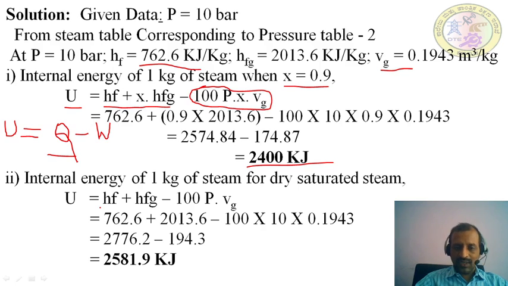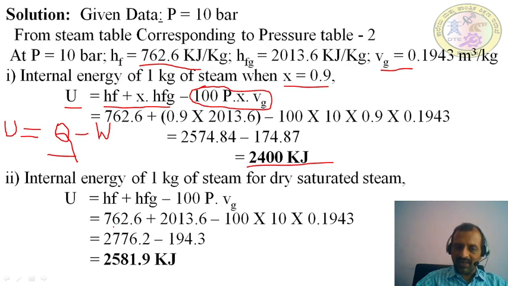There is no wet steam here, so instead of hf plus x hfg minus 100 pxvg, I have removed x because it is dry saturated steam. If it were wet steam, we would have introduced x here and here, but it is not wet steam, right? It is dry steam.